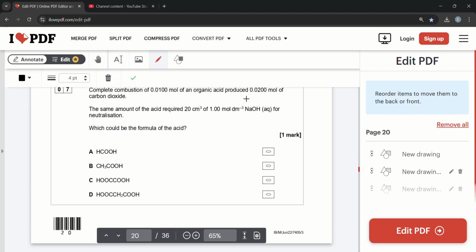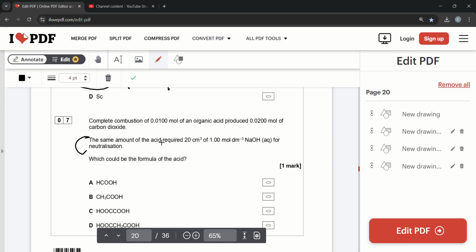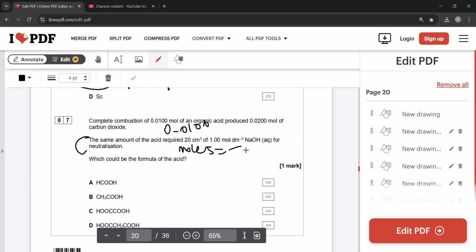Complete combustion of this much produces this much carbon dioxide, which could be the formula of the acid, and it gives us this as well. But we've got the moles of this, 0.0100. We can find the moles of NaOH. Moles is equal to 1.0 times 20 divided by 1000, which is 0.02.